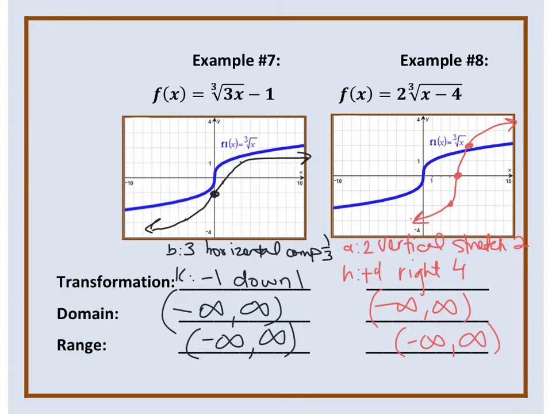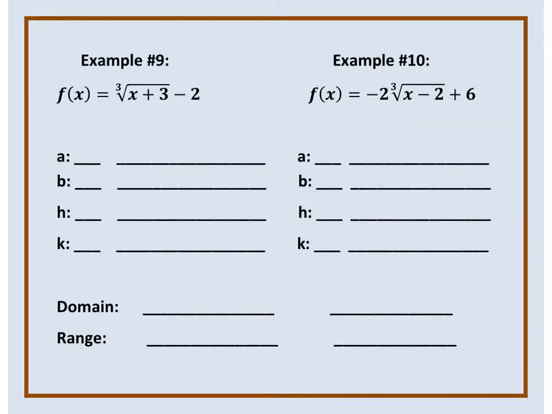Okay. Now, last 2 questions, we've done them. It's just quick practice over them. What is A, B, H, K and what is the domain and range? So I'll do number 9. My A is 1. My B is 1. So remember, A is the number in front, and because we're multiplying, if you don't see a number, it's a 1. So 1, 1, -3, -2.